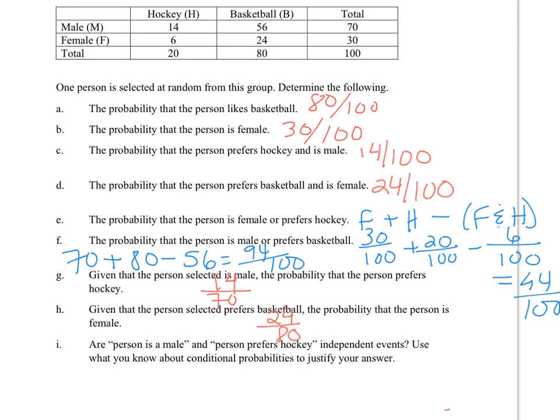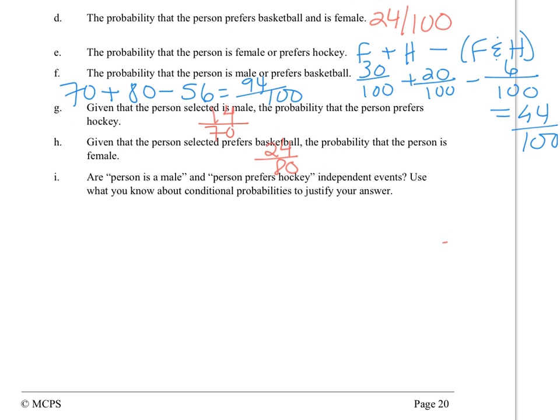Okay, for I, if the person is male and the person prefers to play hockey. So I can show that these are independent in 2 different ways. I can show that the probability of male, is that going to be equal to the probability of male given that they prefer hockey.